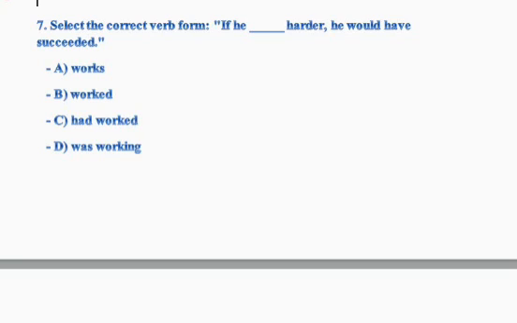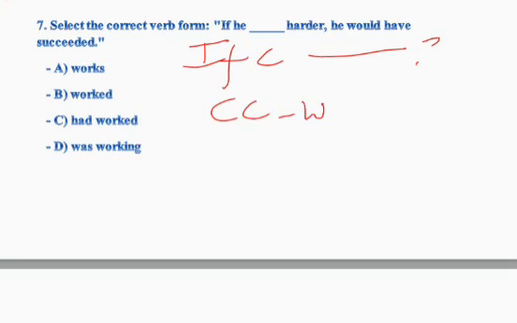The clue or the given we have here to complete this sentence is the conditional clause. The if clause, we don't know. In the main clause, what we have is would plus have plus verb 3.